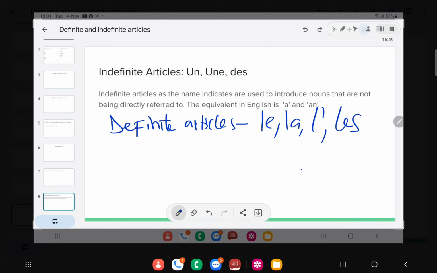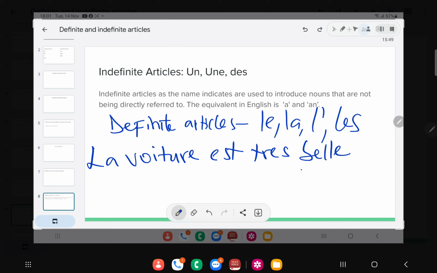For example, when I say la voiture est très belle, that is, the car is beautiful. I'm using a definite article, that is la, because there's a degree of certainty as to the object I'm pointing towards or making reference to.